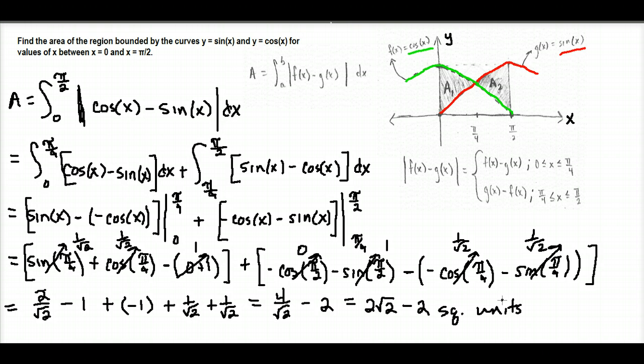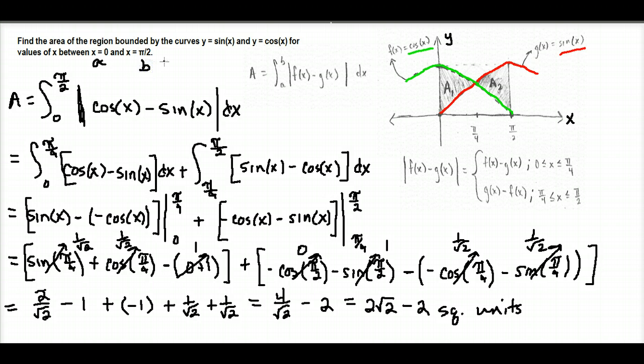So to repeat here, we had 2 functions here, and we wanted to know the area bounded in between them, in between x equals 0 to x equals pi over 2. We use the formula where we take the integral of the difference of both of those functions, take the absolute value of it, and evaluate it from a to b, where our a in this case is 0, and our b in this case is pi over 2.